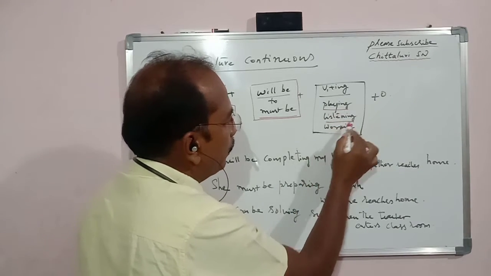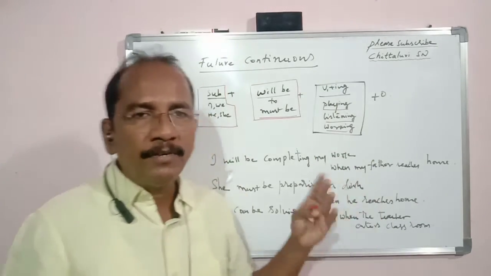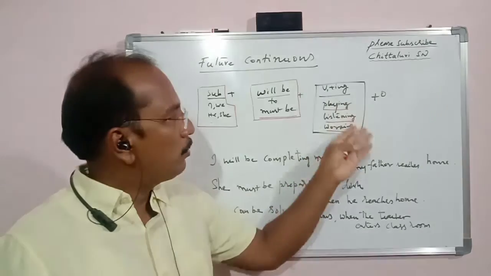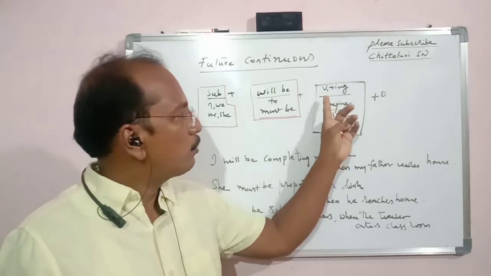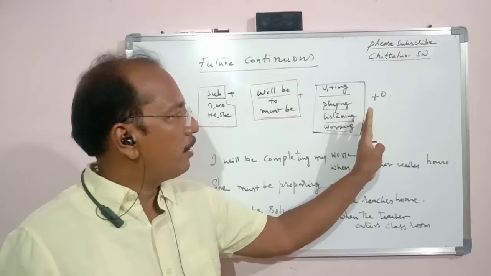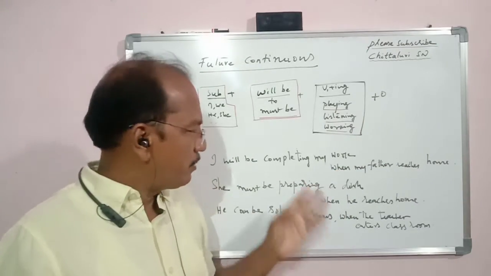Playing, listening, working. So to the base form of the verbs, we should add the ing form. So they are present participles. That's why your structure should have V1 plus ing form, and after that, object. Okay, let us see the examples.